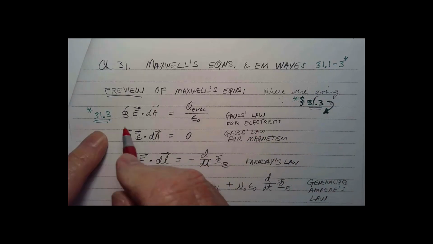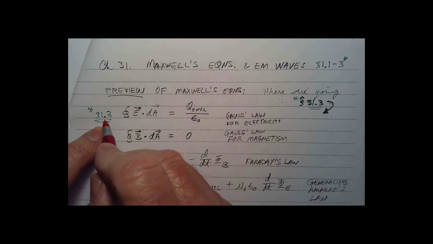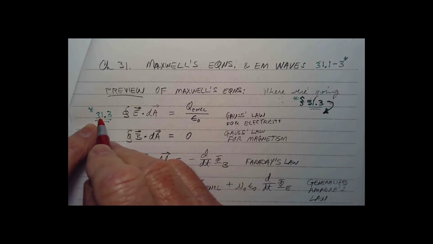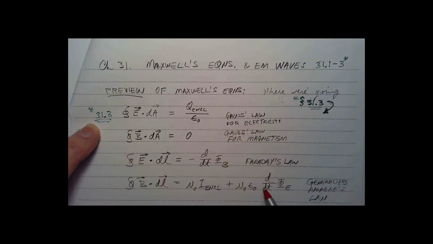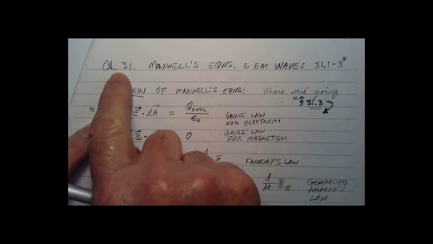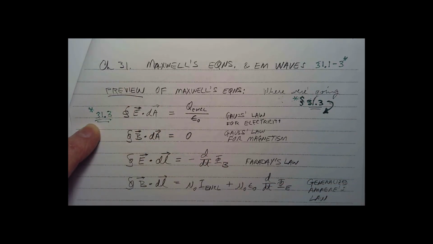So this set of equations is actually what your author calls section 31.3. There's nothing in that section except writing down these four equations all in one place and talking about them. So rather than put them at the end here, that's the 31.3 part of this. So what are they?